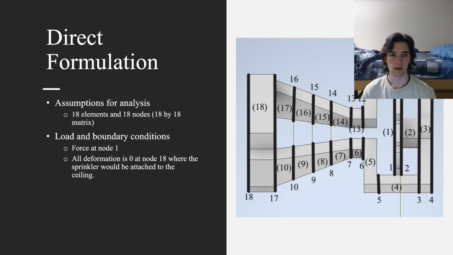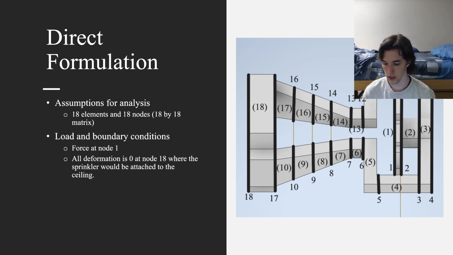For modeling the sprinkler by hand and the Excel calculations, we use the direct formulation to analyze the sprinkler. We divided up the sprinkler so that there are 18 elements and 18 nodes, as shown in the picture on the right.